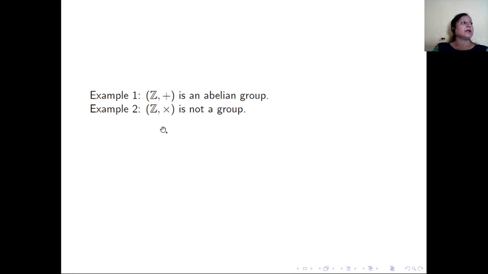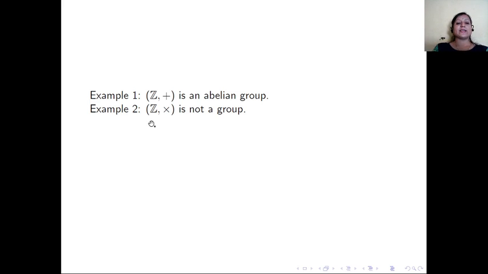Second thing, it is an associative operation, which we also know. One is the identity element. So the identity element also exists, but here is the problem for the inverse.